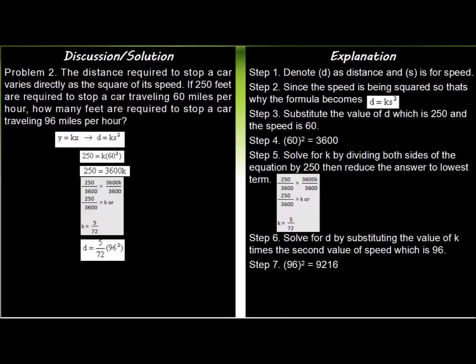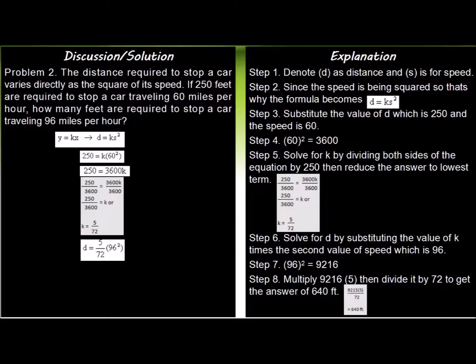So step 7, 96 squared is equal to 9,216. Step 8, multiply 9,216 times 5, then divide it by 72 to get the answer of 640 feet. So you have there in the illustration.